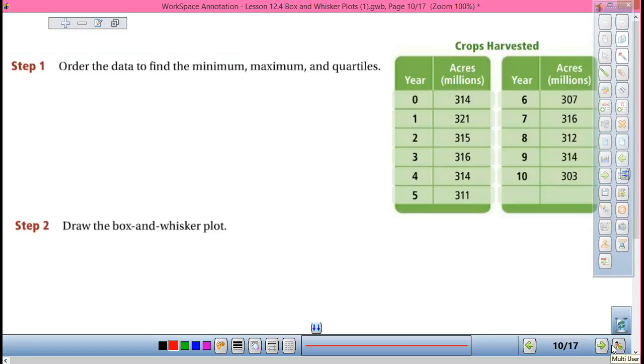Okay, so my smallest number of acres is 303.